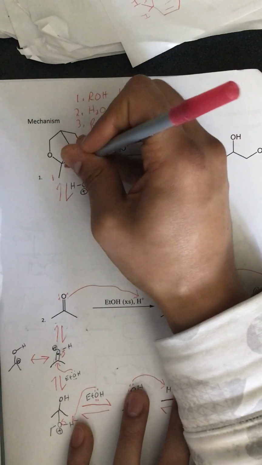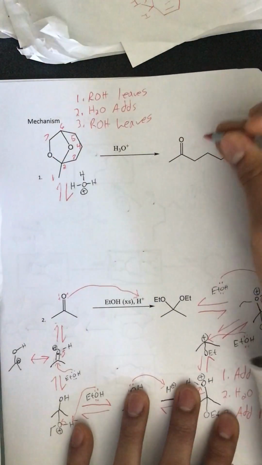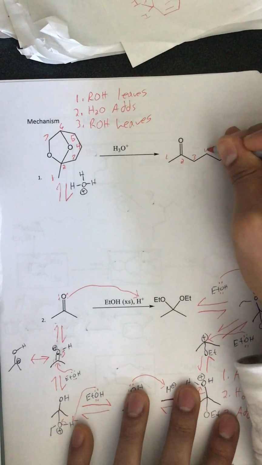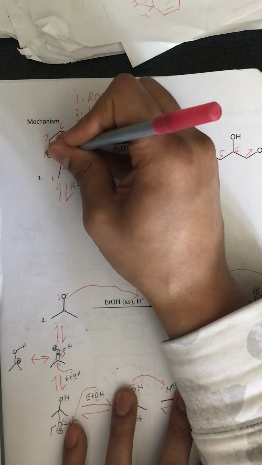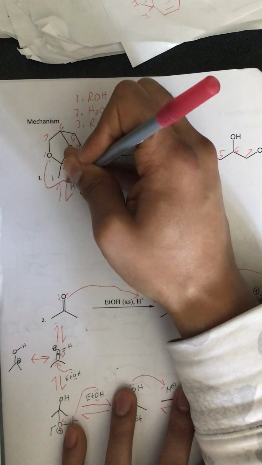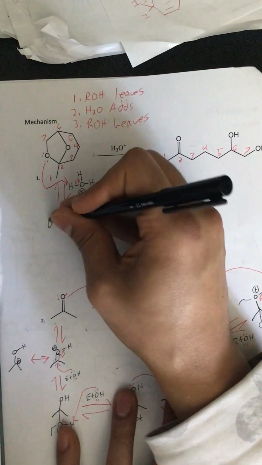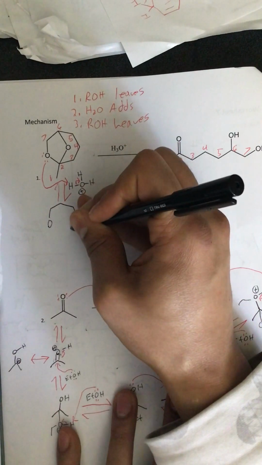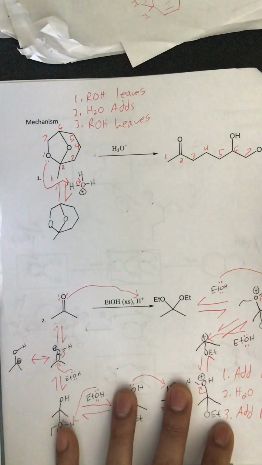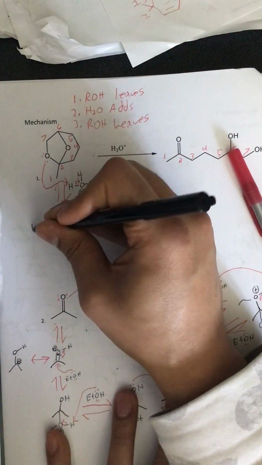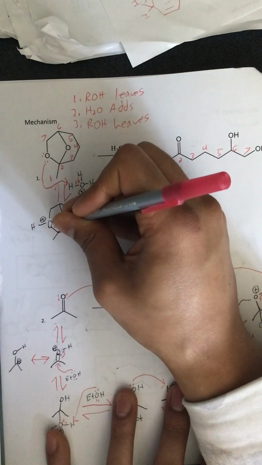I should probably do this first. Let's number these carbons. I'm going to just do this one because it'll be less crowded. Now we're going to have this leave.